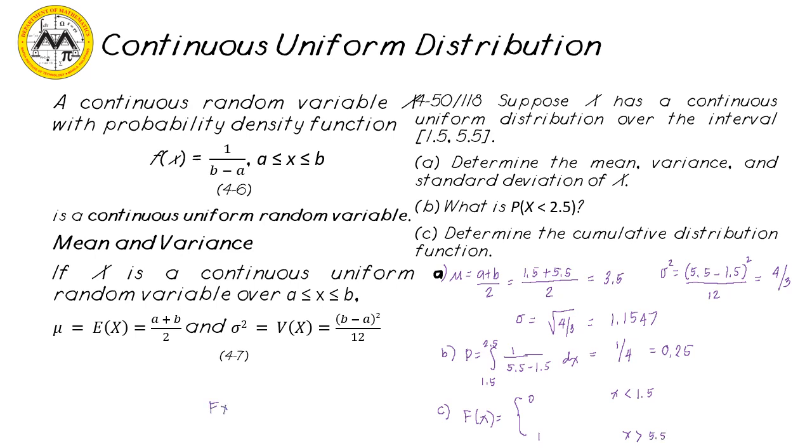So F of x would be the integral of 1 over 5.5 minus 1.5 dx from 1.5 to x, so it would be x over 4, with that limit, in between 1.5 to 5.5. It would be x minus 1.5 over 4.